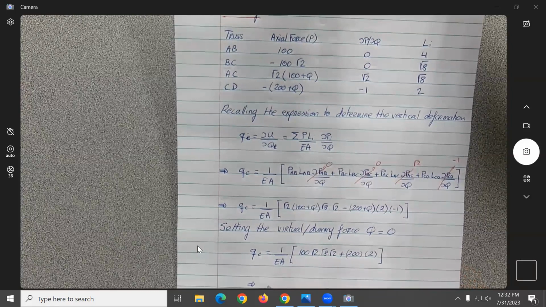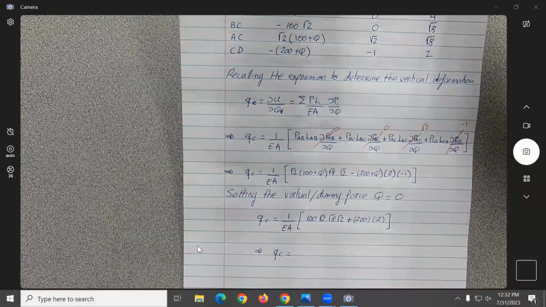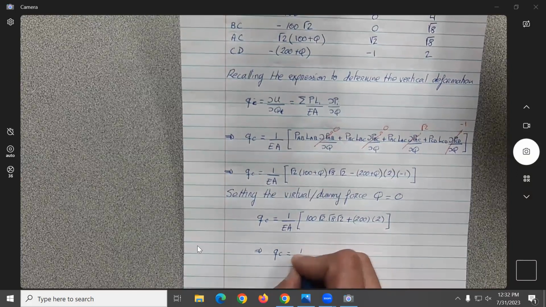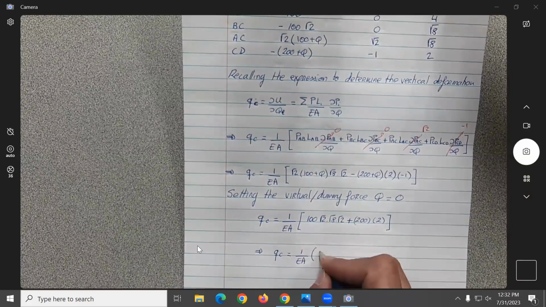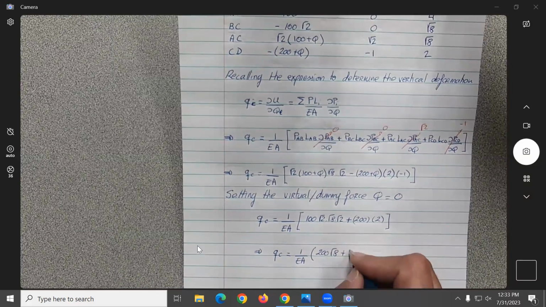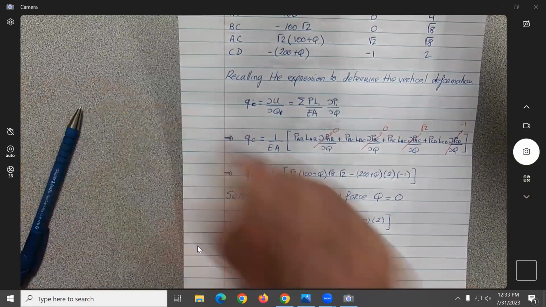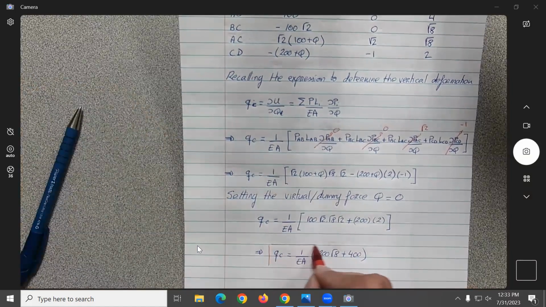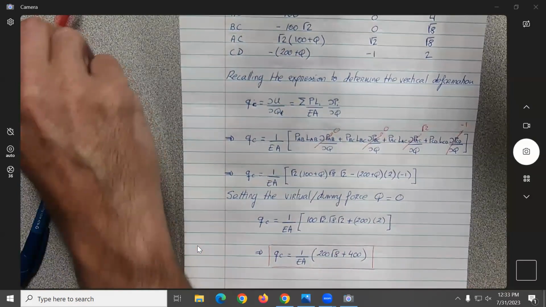So Q sub C will be equal to what? Let's say it will be equal to 1 over EA. I don't have a calculator, but this will be equal to 200 square root of 8 plus 400.